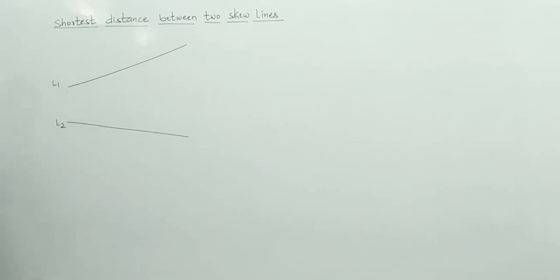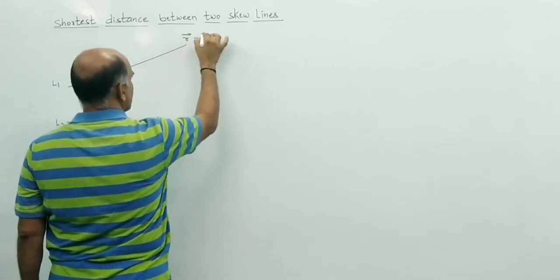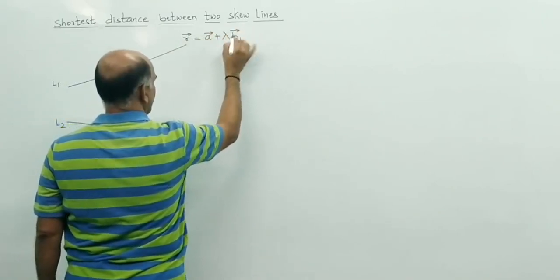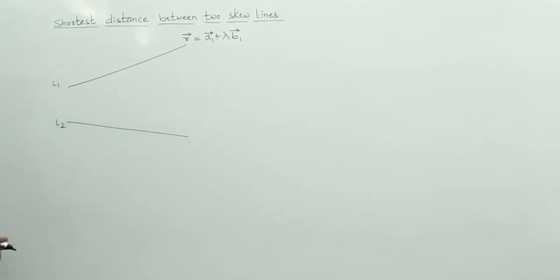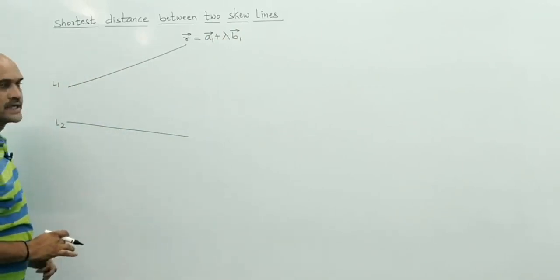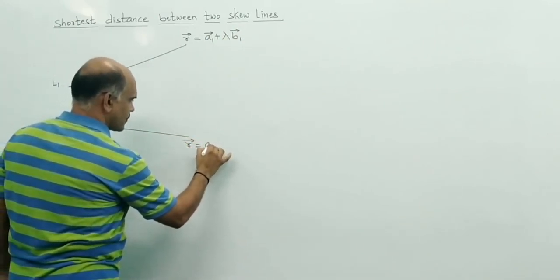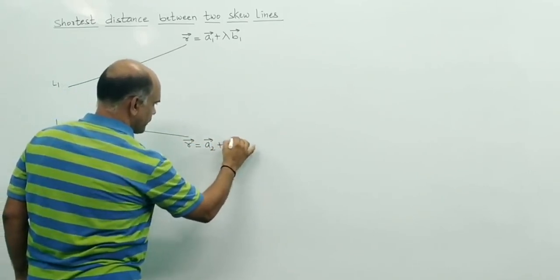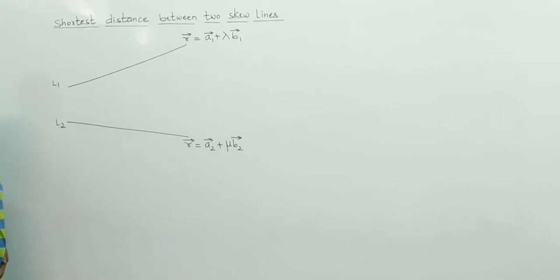Let the equation of the first line be R is equal to A plus lambda B. Instead of A and B, I will take it as A1 plus lambda B1. I will take the second line as R is equal to A2 plus mu B2. So these are two skew lines.